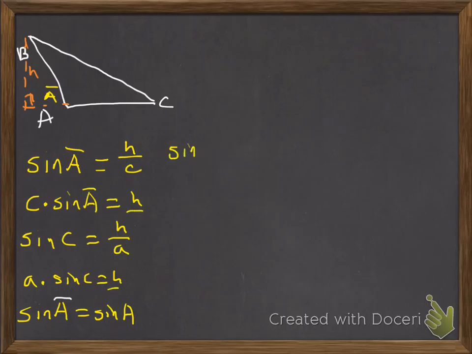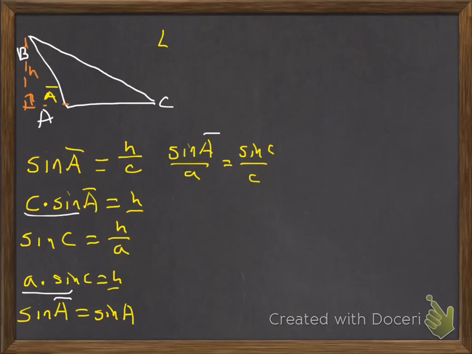And then again, I'm going to mention that sine of A bar is equal to sine of A. We also have C sine of A bar and A sine of C are equal to H, so they're equal to each other. Then we can divide by A and C, and we get part of the law of sines.